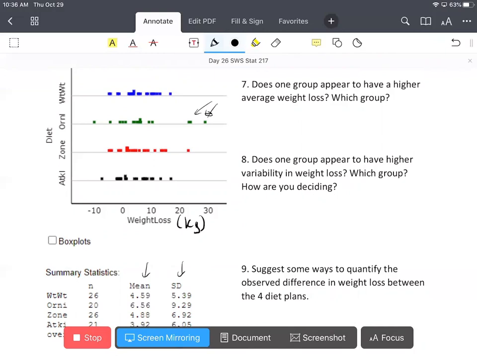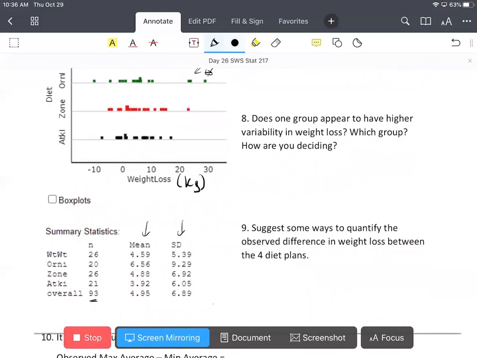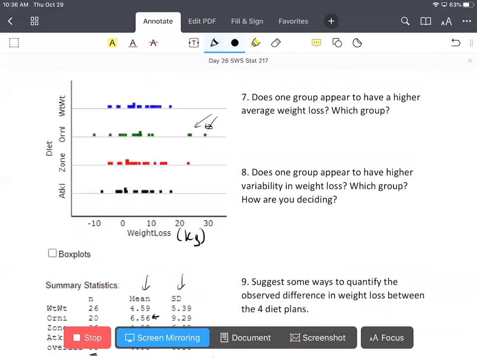So if I look down at the means, we'll notice that Ornish actually has the highest, 6.56 kilograms. So in this case, Ornish, yes, Ornish. And we can see it by looking at the dot plot, and we also can see it by looking at the summary statistics.